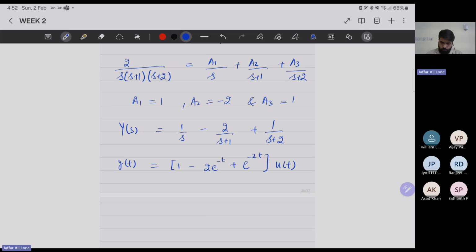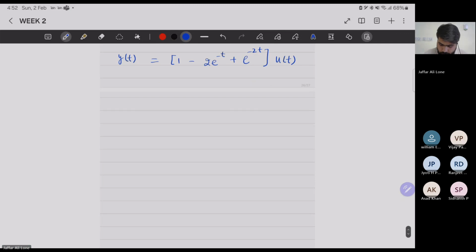So let's solve one more final question for the day. I hope that by solving this many questions, you should now be able to solve all the questions of the assignment. They are not difficult questions, and I hope I have covered all types of problems.